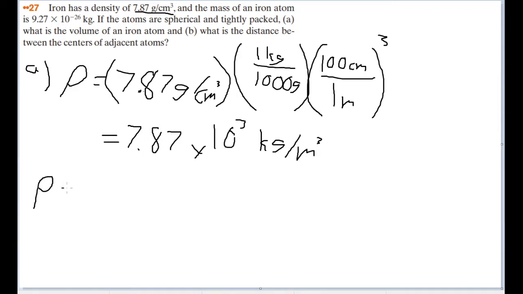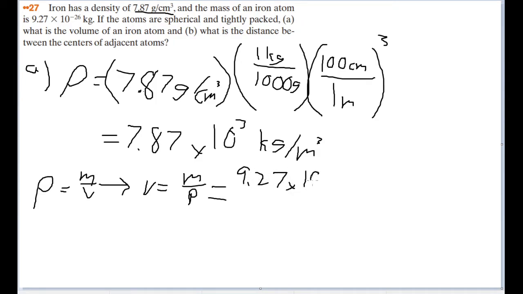So if density is equal to mass over volume, that means that the volume is going to be equal to the mass over density. So let's sub in our values for that. The mass we're given is 9.27 times 10 to the negative 26th kilograms.